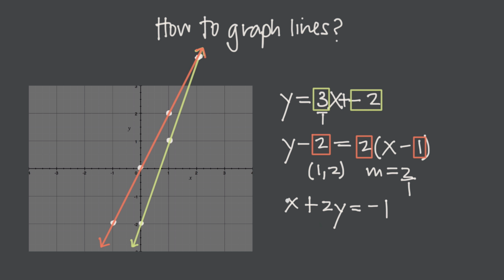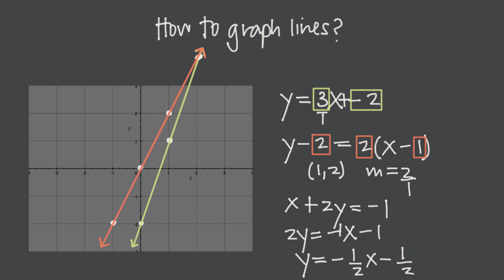So to do that, we'll subtract x from both sides, and we'll be left with 2y is equal to -x minus 1, and then we'll divide both sides by 2, and we'll get y is equal to, remember we have like a -1 in front of this x, so when we divide by 2, we end up with a -1/2 in front of the x, and then here, -1 divided by 2 is -1/2.